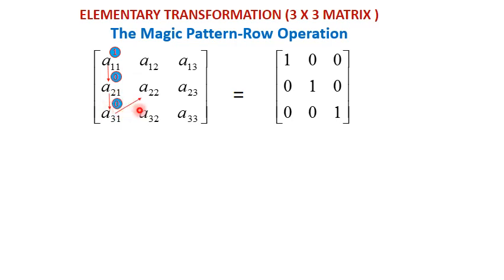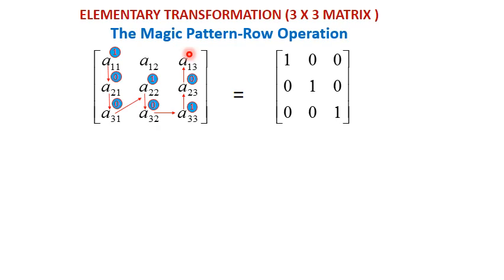Next you have to move to A22, and that element you have to make 1. Then you have to move down and come to A32 and make that element 0. Then you have to move right and go to A33, and that element you have to make 1. Then you have to move up and get A23 and make that element 0.